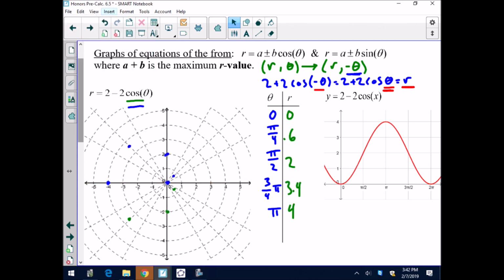All right, guys, so we've got our ordered pairs on the top of the x-axis here. I plotted out those ordered pairs, and then I reflected them across to the bottom of the x-axis, right? And now we can sketch that limaçon, right?